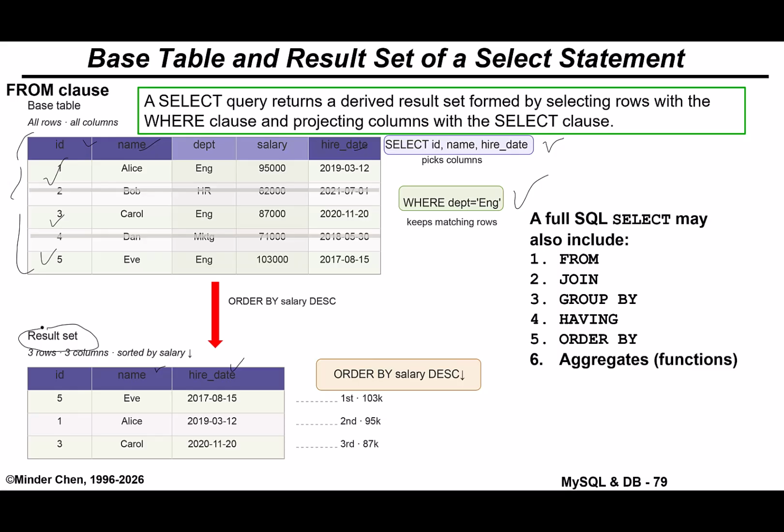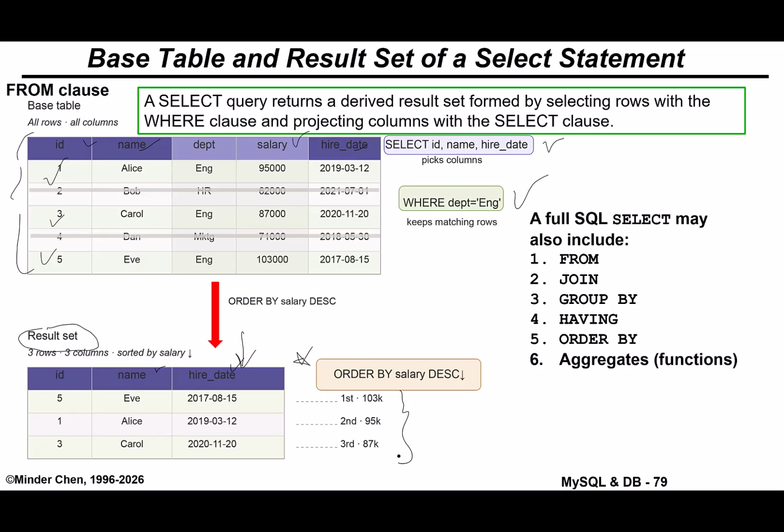You could order or sort the result set based on your liking. For instance, we can sort it by salary. Although salary is not selected in this example, you can still use it for the sorting. And certainly you can sort it by the hire day, okay? We're just using salary as an example.